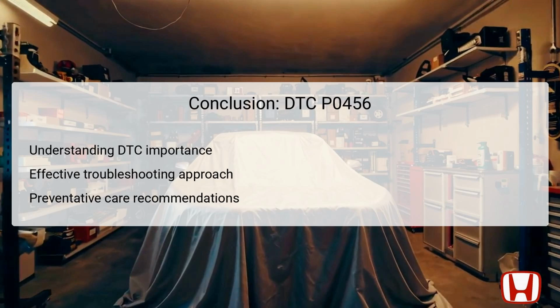A step-by-step troubleshooting approach allows for accurate diagnosis and efficient repairs. Additionally, adopting preventive maintenance strategies ensures the longevity of the EVAP components and reduces the risk of future issues. By being proactive and vigilant, Honda owners can ensure their vehicles perform reliably and sustainably.